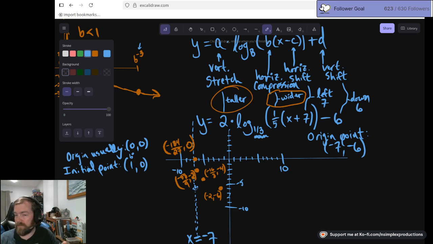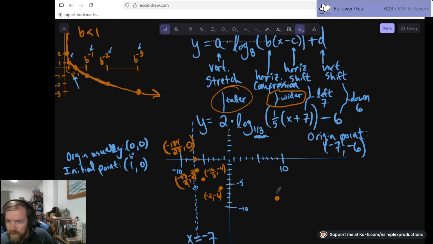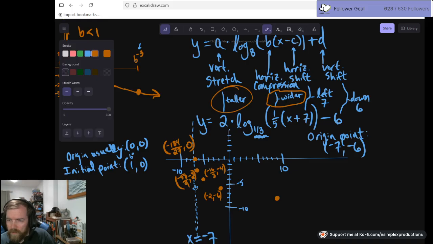So it's going to be 15 instead. So we move down 2. This is a distance of 5, 10, 15. Move down 2. This is going to be at 8, comma, negative 8.